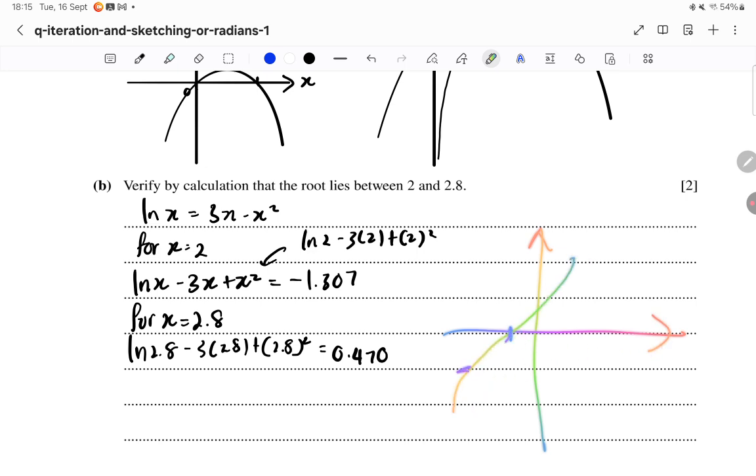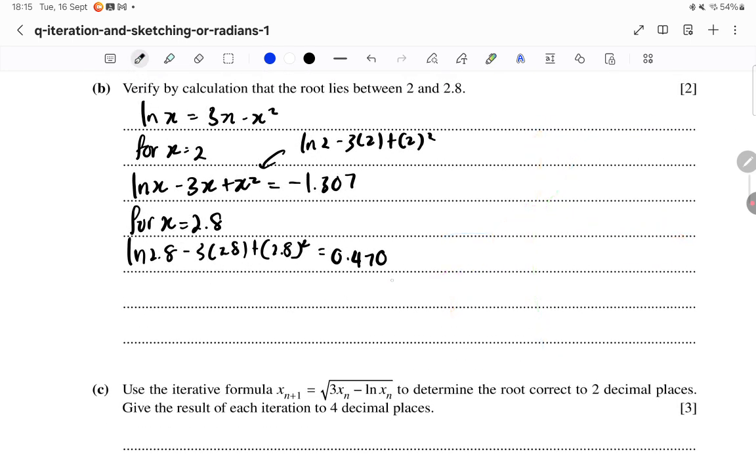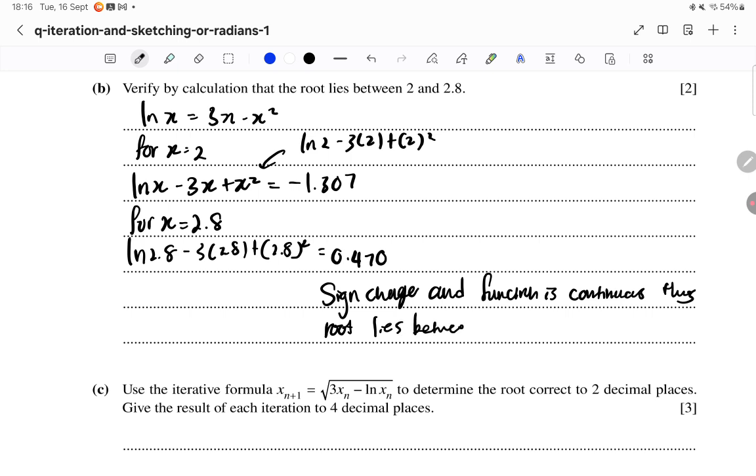So there's going to be a sign change, where one is negative and one is positive. That shows there's a root in between. So you can say sign change, and the function is continuous, thus the root lies between x equal to 2 and x equal to 2.8.